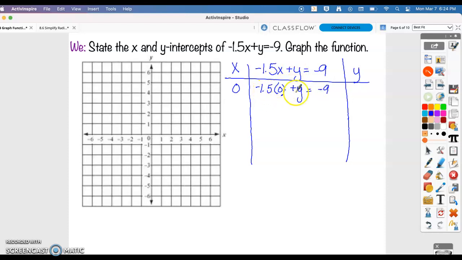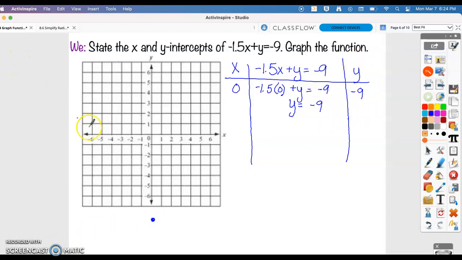Negative 1.5 times 0 is 0. That's why this is nice, because 0 is easy. So we're left with y equals negative 9. Remember, that's my y-intercept. So I go 0, negative 9, and it is off of my graph. So here's negative 7, 8, 9.